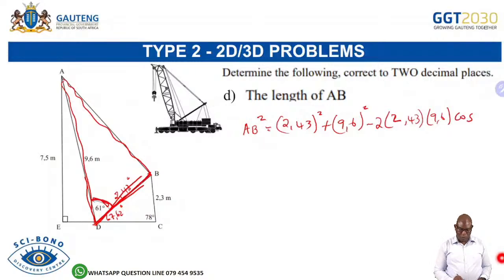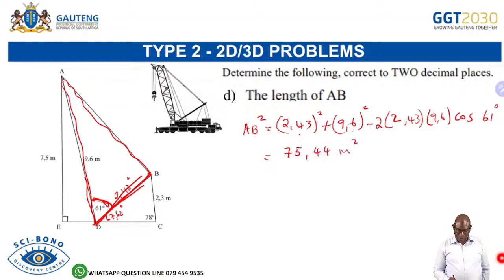The angle that I'm going to use is 61 degrees. Then you use your calculator. Please do not calculate this and then calculate that. Put everything in your calculator. Then the calculator will immediately give you the answer, 75.44.